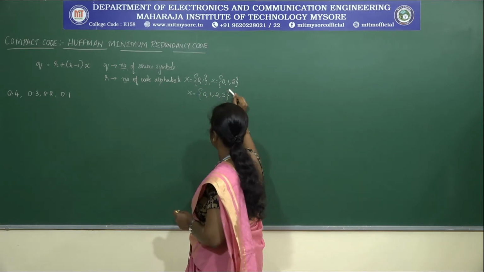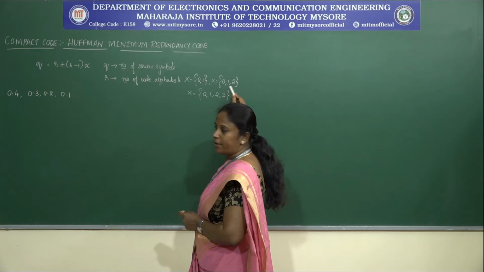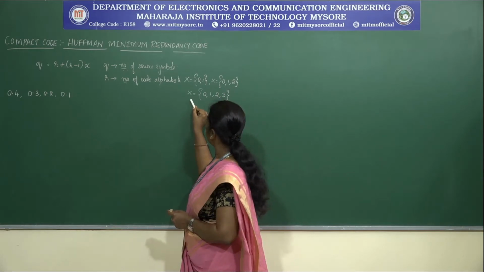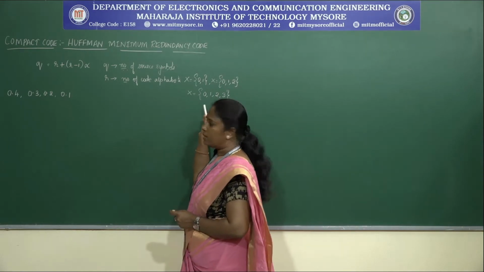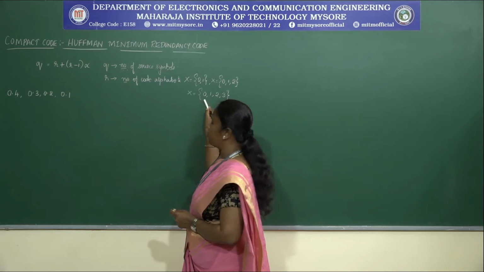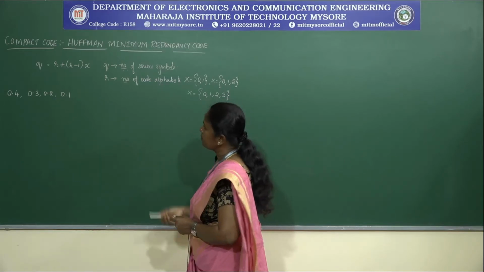If R is equal to 3, then we will be using 0, 1, 2, and if R is equal to 4, that is quaternary, then we will be using the code alphabets 0, 1, 2, 3.